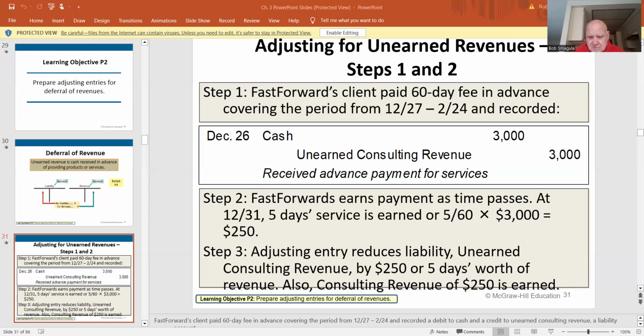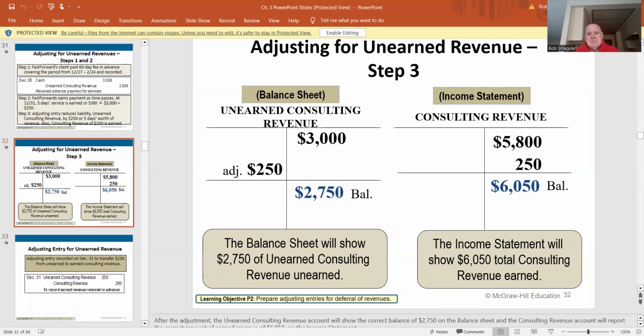Let's take a look at this, see if we can make some sense of this. Let's look carefully at our entry here. We learned how to do deferral entries for expenses. Now we're talking revenue, unearned revenue, very common. We are going to debit unearned revenue for $250. The lawyer made a phone call for us, charged us $250.